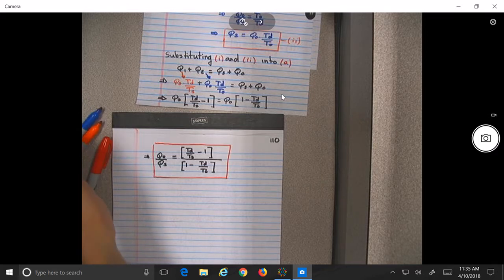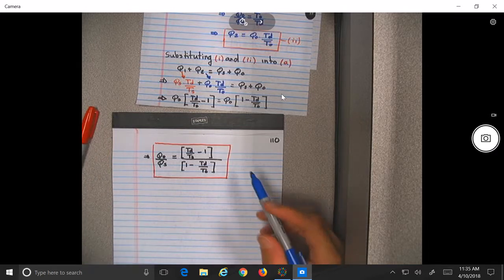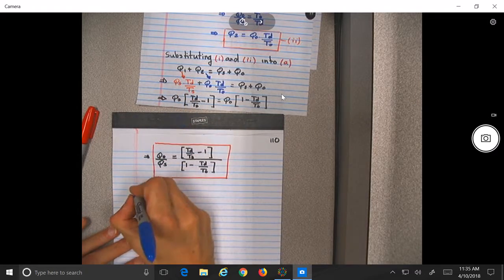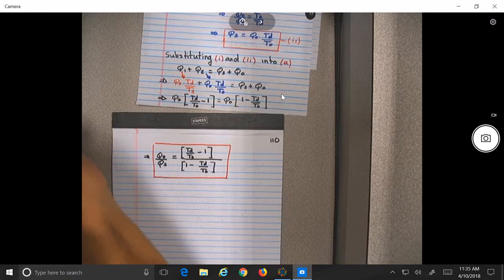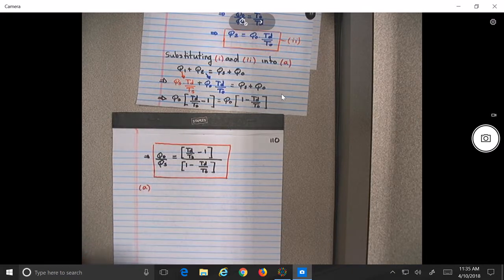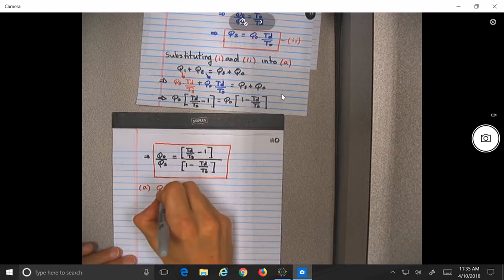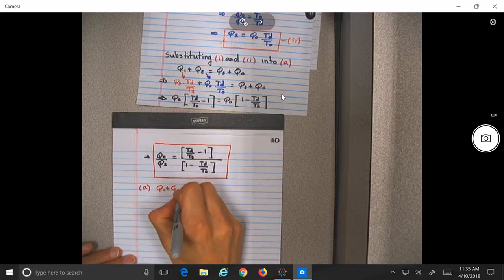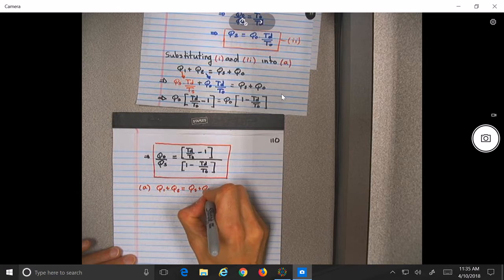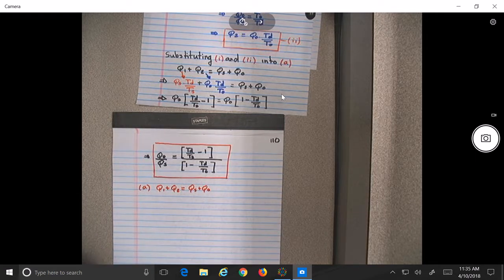Okay, so now I think you will understand what I'm trying to do is that from equation A, equation A is what? Is Q1 plus Q2 equals to QS plus Q naught, no?